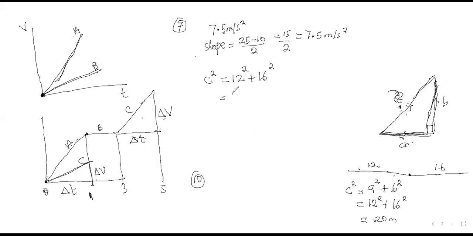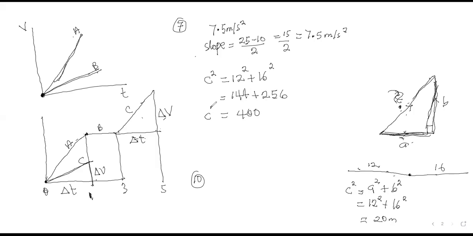12 squared is 144. Ina, what is 16 squared? 16 times 16. Class, what is 16 squared? Benjamin, go ahead. 256. Come again. 256. So when you sum the two, this must give us 400.